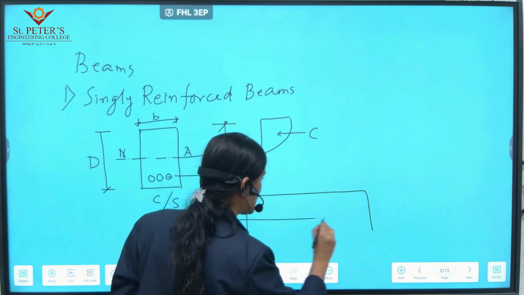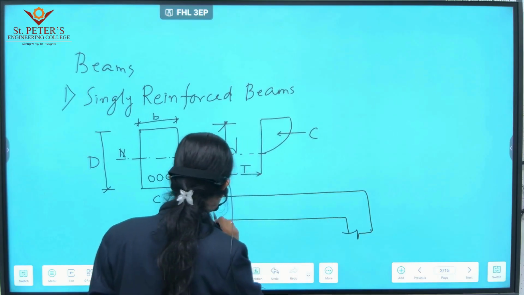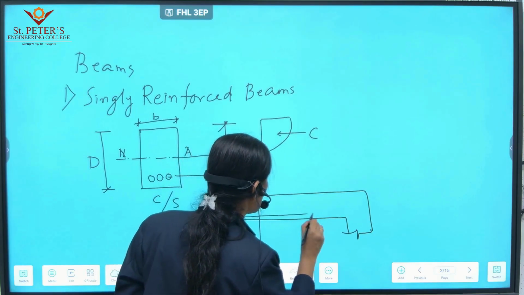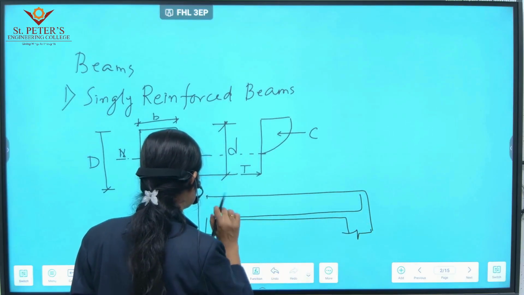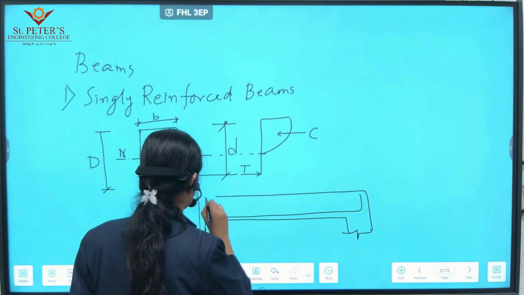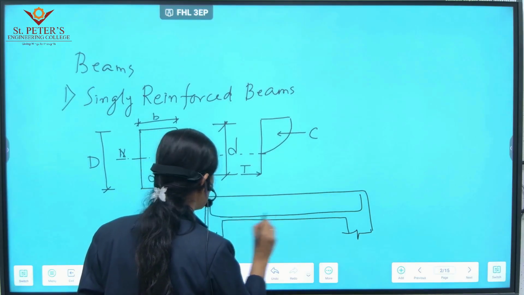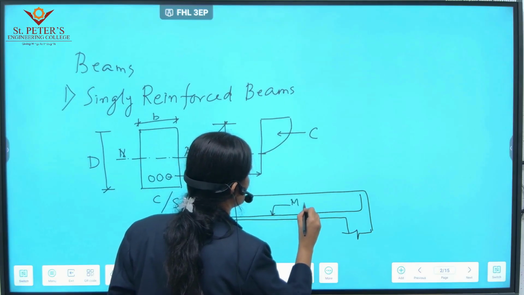In the longitudinal section, the ends are the supports, and this is the main reinforcement.